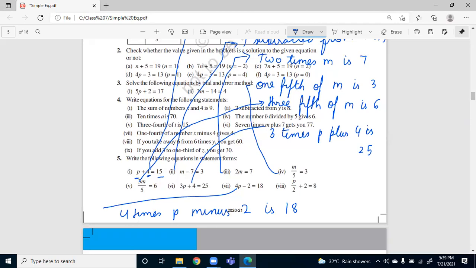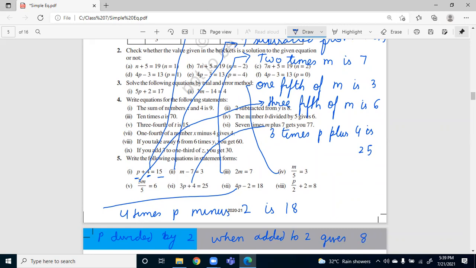So you can say P divided by 2 when added to 2 gives 8.